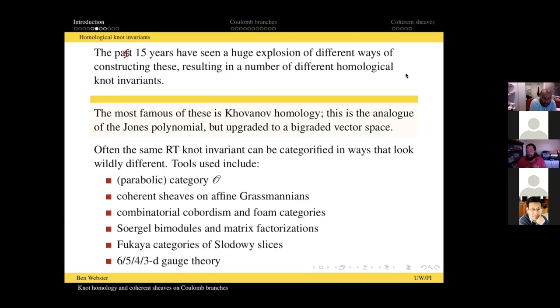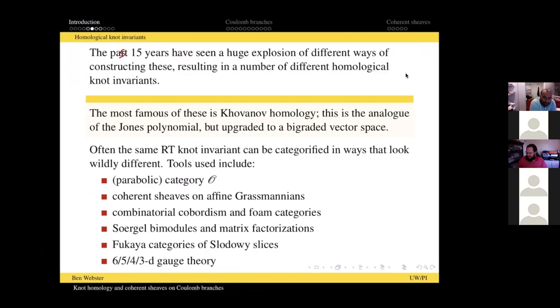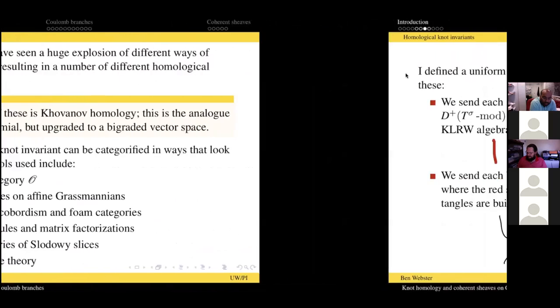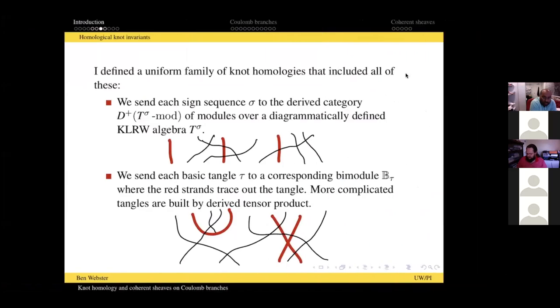Khovanov and Rozansky used circle bimodules and matrix factorizations, there's this old Seidel-Smith story involving Fukaya categories, and lots of interesting stuff in physics in dimension 6, 5, 4, and 3. So lots of different ingredients going into this, and somehow there was this explosion of interest in doing this.